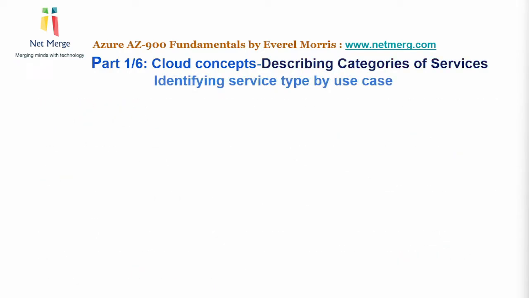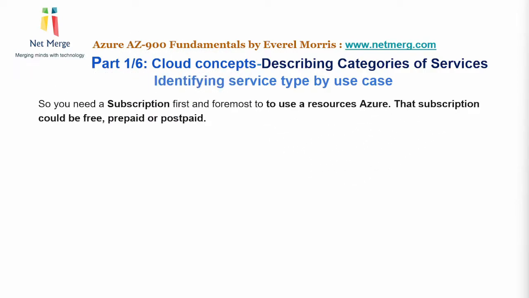Now, identifying service cases. A big part of the Azure setup is we just spoke about shared responsibilities and different types of services. Your ability to identify those services and where they would fall based on the workload and what you're trying to do on the pyramid, that's a part of the exam structure.